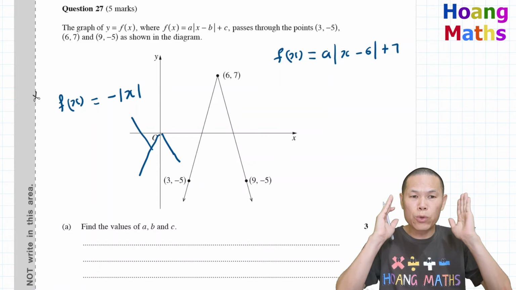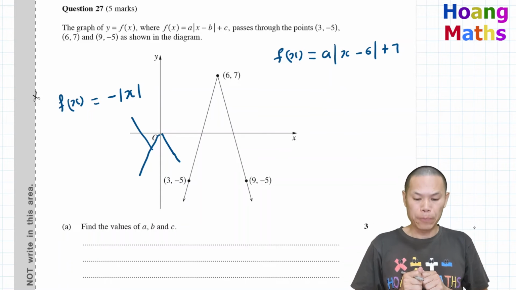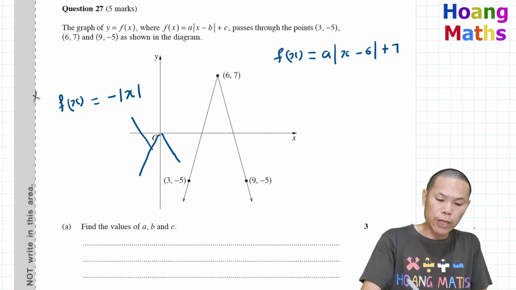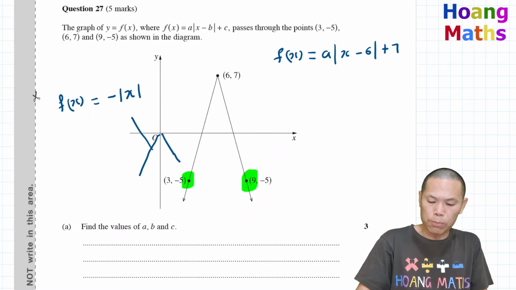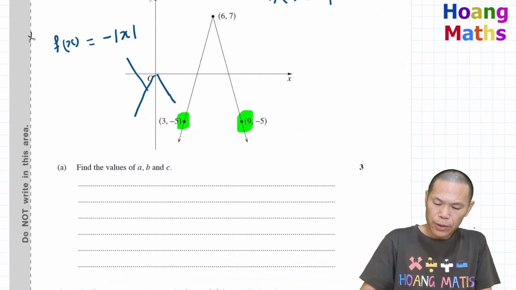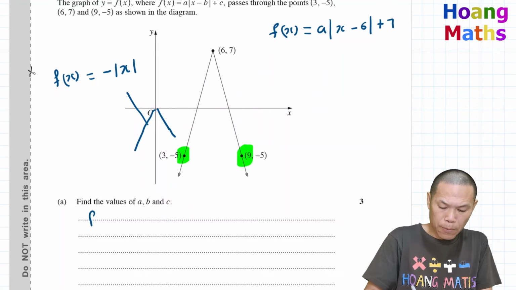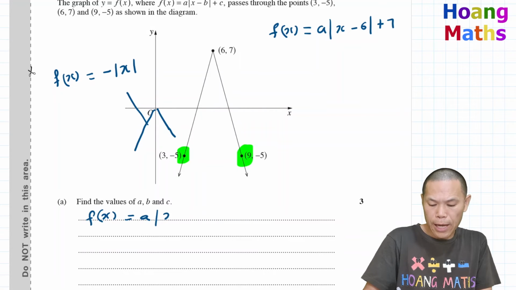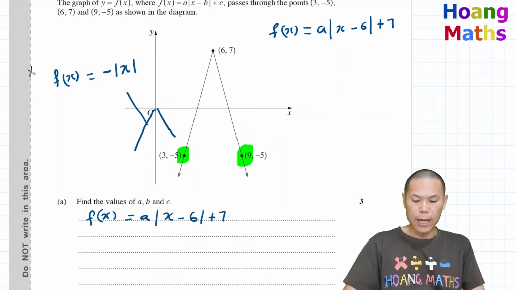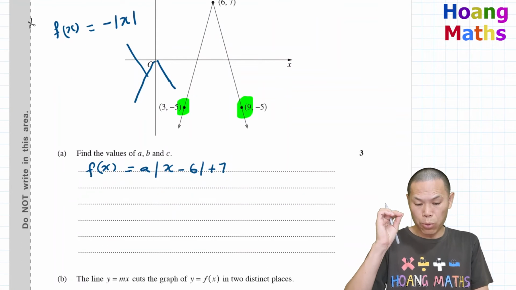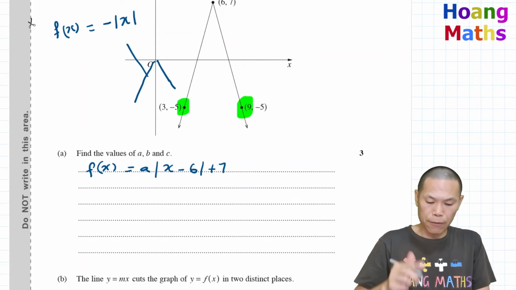What we need to do is find the value of A. We can use either this point or this point to work it out. Let me write f of x first: A times absolute value of x minus 6, plus 7. And let me pick the point 3, -5.